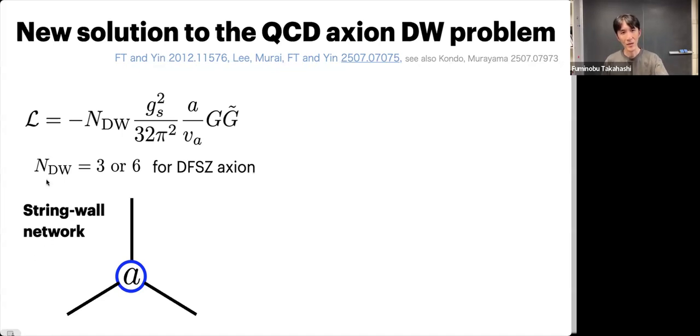Okay. So in the case of domain wall number equals 3, the 3 domain walls are attached to the axion string like this. Of course, even in the case with the KSVZ axion model, if you have multiple sets of PQ quarks, you similarly have a domain wall number greater than 1.